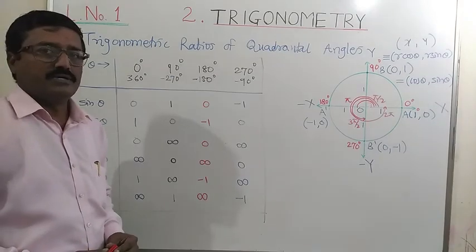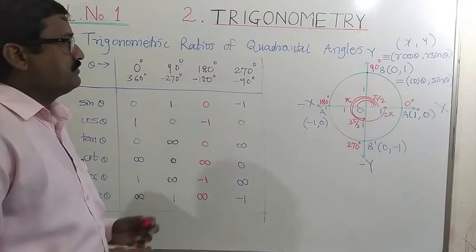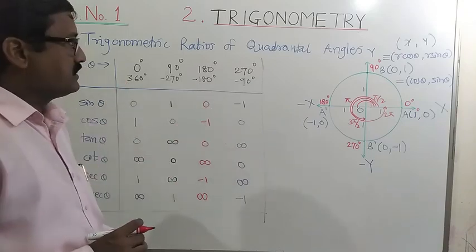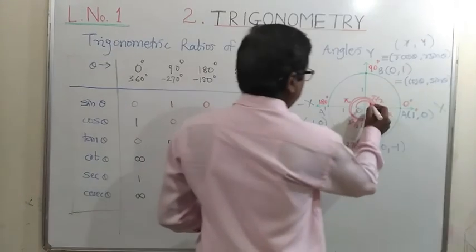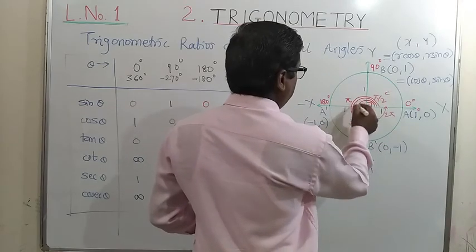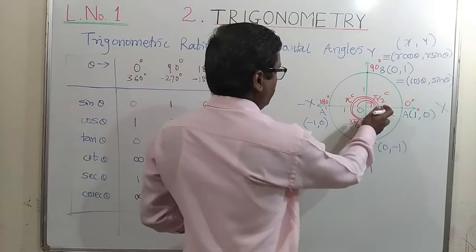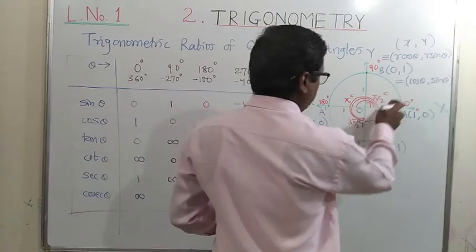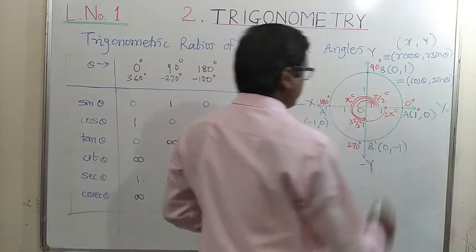One important point is that we have to make a habit of measuring angles in radian measure also, because here angle 90 degree is nothing but pi by 2 radian, angle 180 is nothing but pi radian, angle 270 degree is nothing but 3 pi by 2 radian, and angle 360 degree is nothing but 2 pi radian.